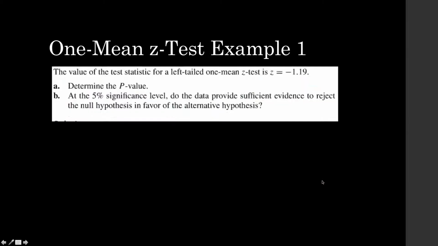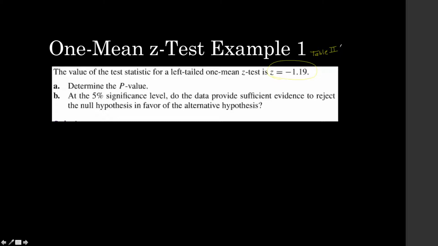So let's look at some examples. For instance, the value of the test statistic. They've given you the z-score here is negative 1.19. They want you to determine the p-value. Now, how do we determine the p-value again? We take our z-score and we go to table 2 and we look up the area. And that area is our probability, our p-value.